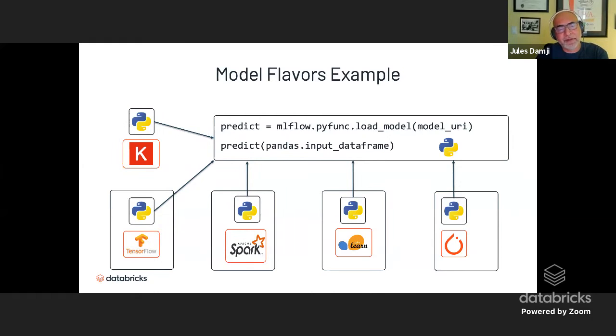It has a Python flavor. You can have scikit-learn, Spark, TensorFlow and Keras. And in the end, when you deploy the model, you have the ability to load it as a Python function and then just invoke the predict function on it by supplying the pandas input frame. So this is quite powerful.